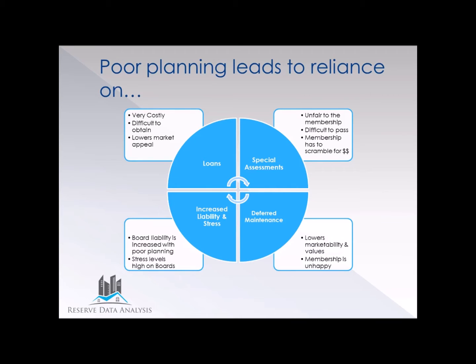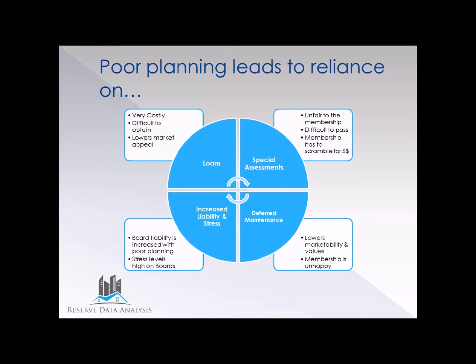Poor planning leads to reliance on, number one, special assessments. It's unfair to the membership. They're very difficult to pass, and the membership has to scramble for money in their own personal lives. So if they didn't have $5,000 or $10,000 to fork over to an HOA, it can be a very difficult position.